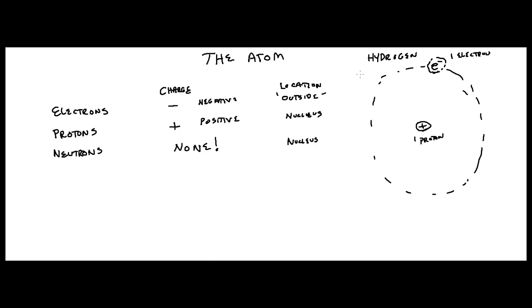So we have something called the atomic number. What is the atomic number equal to? It's equal to the number of protons in the nucleus, right?